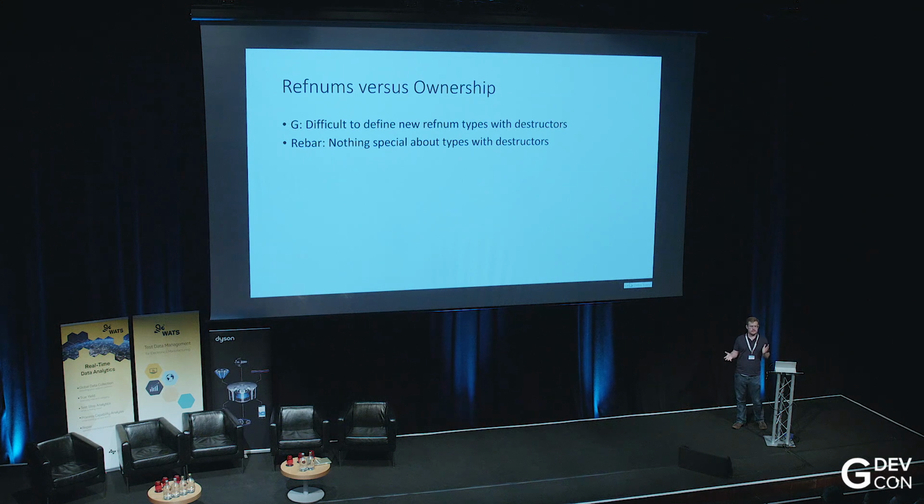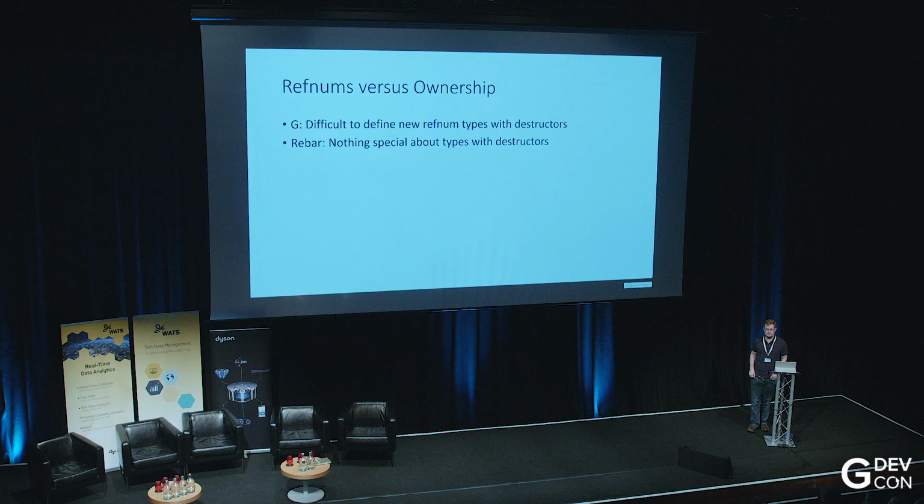That distinction doesn't really exist in Rebar, and so it's possible to say that whatever resources a type is or is not holding on to while values of it exist, they can be cleaned up, or nothing can happen at the end of each variable's lifetime as appropriate. So sort of the point of Rebar is to be a language where you could be the one who implements the file type, or the device handle type, or whatever, something that needs to be cleaned up safely in order to be used safely.